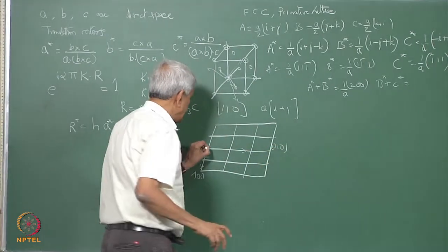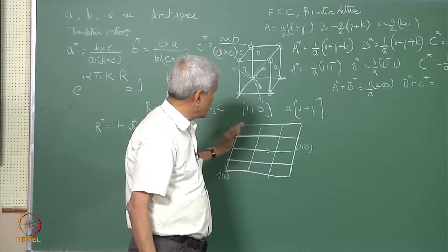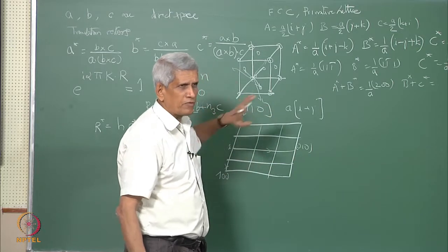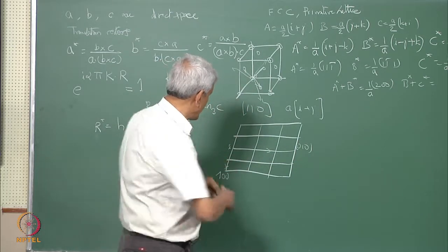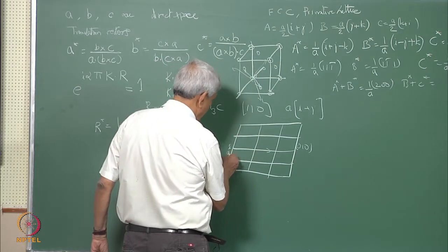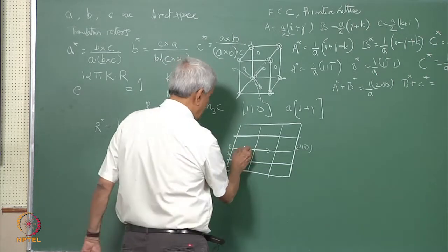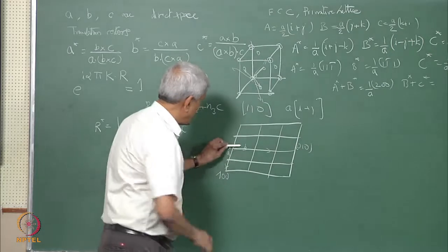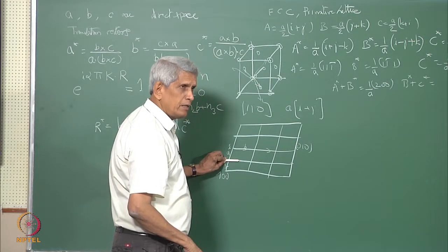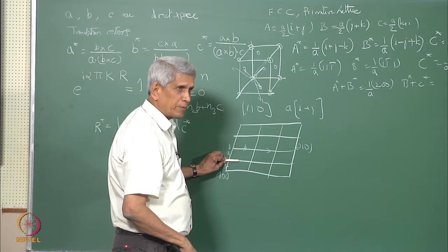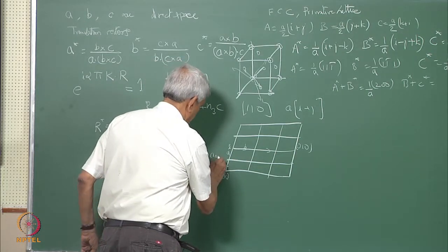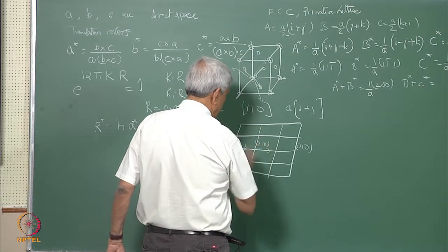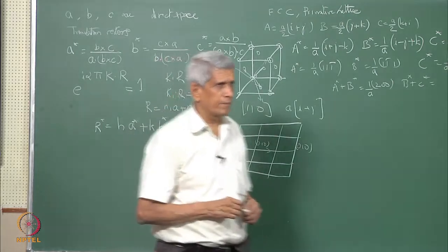The third direction is perpendicular to the board, and assume that we are keeping the same type of lattice one on top of each other to generate it, with a lattice parameter, and here suppose A is the lattice translation vector, and you take this to be the B. So, what is this plane? This plane is nothing but a 1 0 0 plane, right. This plane will be a 0 1 0 plane, correct? Is it not?